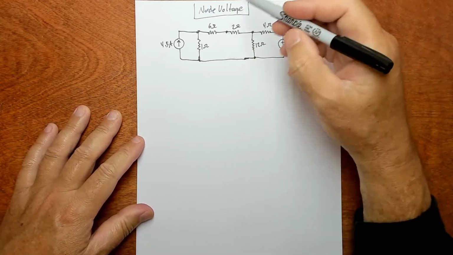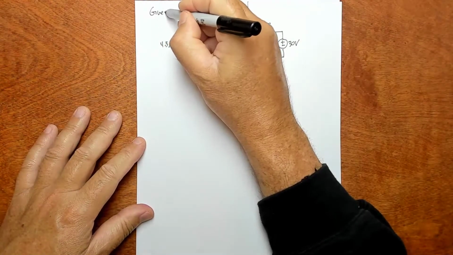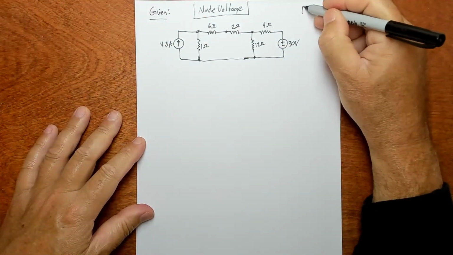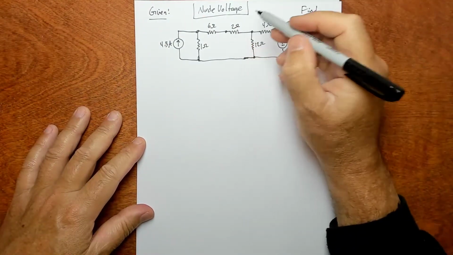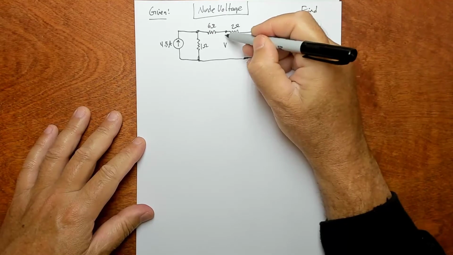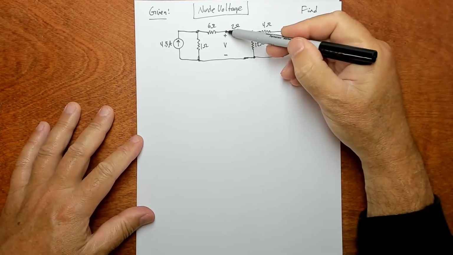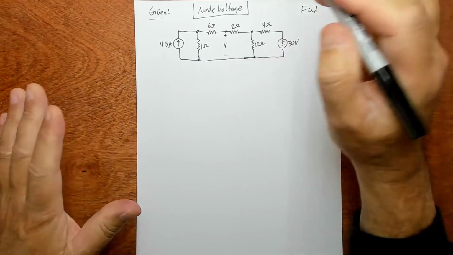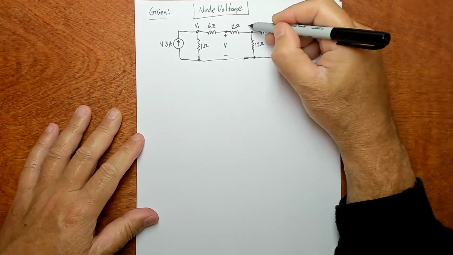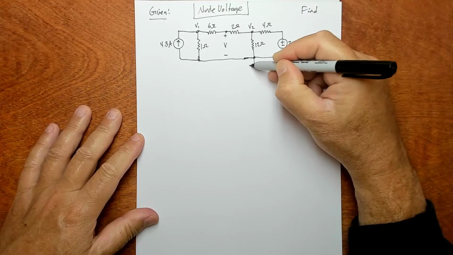Yeah? So look, we're given this thing, and we're asked to find V1, which is measured across here, kind of in the middle of these two guys. But in this problem, we're given V1 and V2 nodes, and we're given the 0 node here.